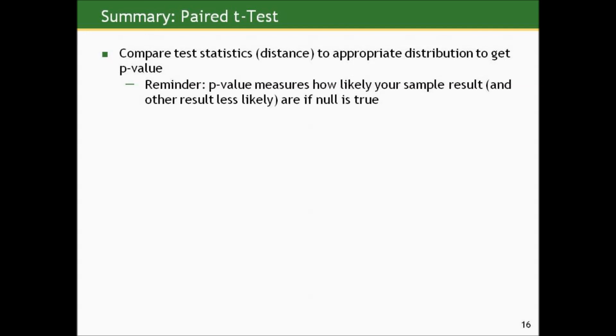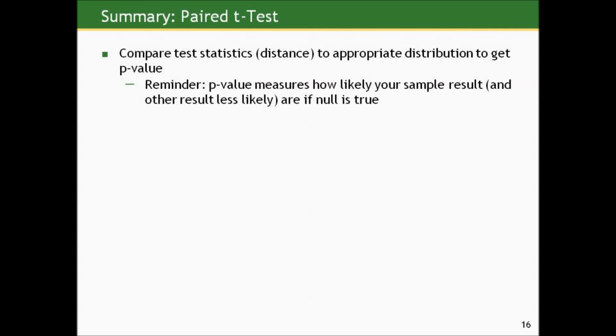And a reminder, what the p-value measures is how likely your sample mean difference, as well as other results even less likely than yours, are, how collectively likely these are if the null is true. It's basically a measure of the likelihood of your results under the null. We're going to remind you of that at the start of the next section as well, and really get into what the p-value can and can't tell you.